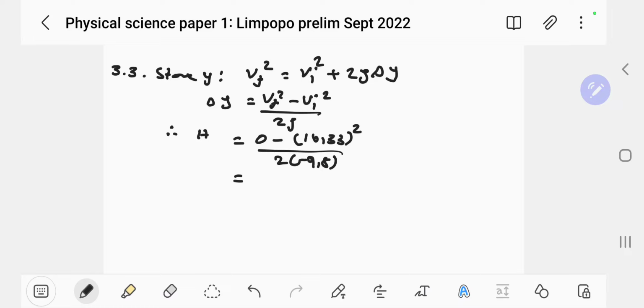Let's quickly do that. We have 16.33 squared divided by 9.8, maybe 9.8 times 2, so that we avoid issues.